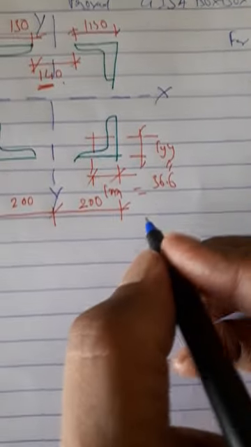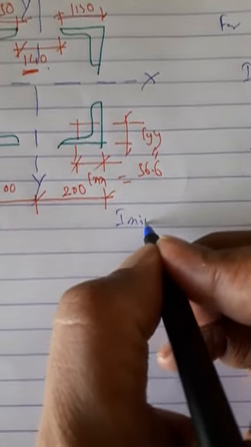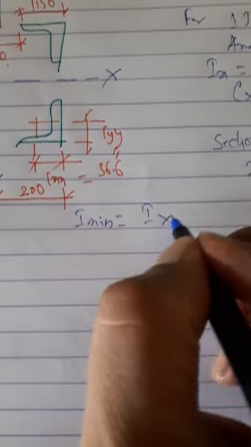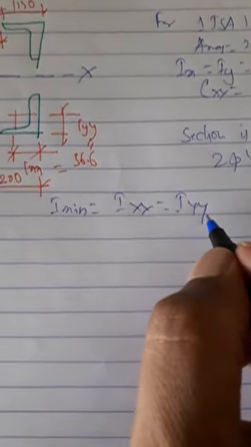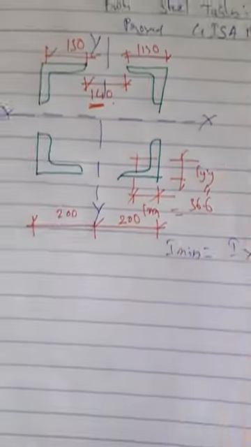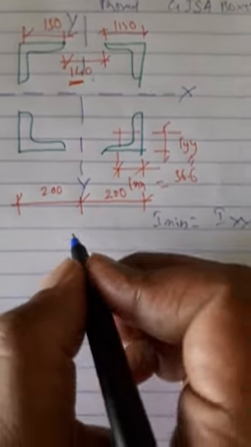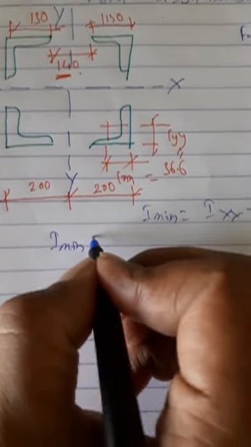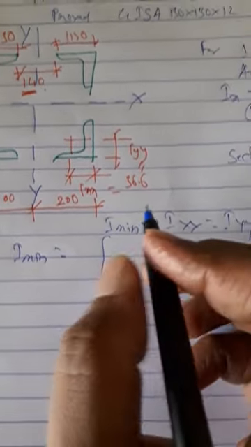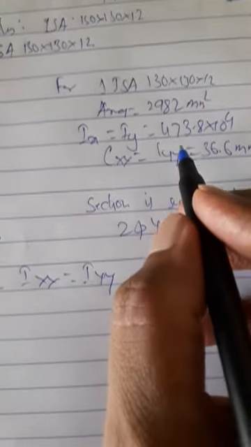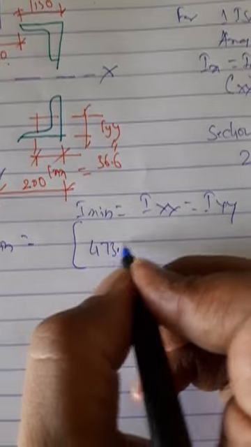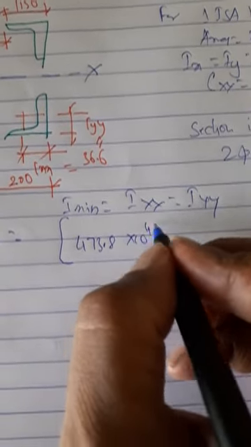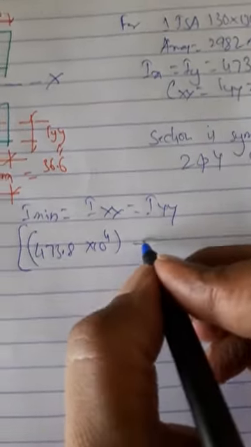Hence I minimum is equal to Ixx is equal to Iyy. Now this capital Ixx and capital Iyy refer to the moment of inertia of this whole section together. Therefore I minimum is equal to small Ixx, 473.8 into 10 raised to 4, plus area into distance square.